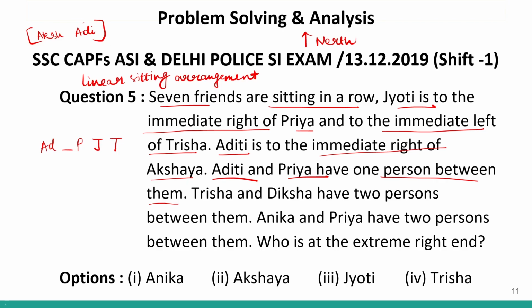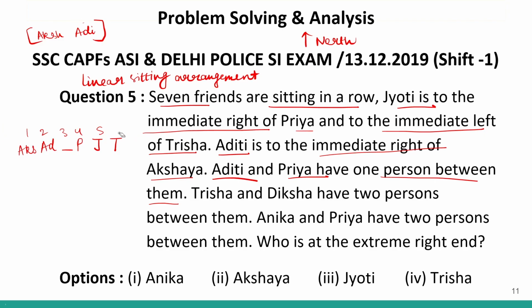How? Because if Aditi was over here, then one person would be between Priya and Jyoti. But over here we already have Trisha, so we cannot place Aditi here. So Aditi will be here and one person will be between Priya and Aditi. If Aditi is here, Akshaya will be over here. So how many people? 1, 2, 3, 4, 5, 6. This is fixed. Now we don't know whether the 7th person is here or here.